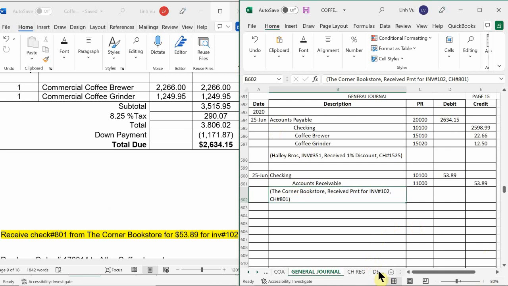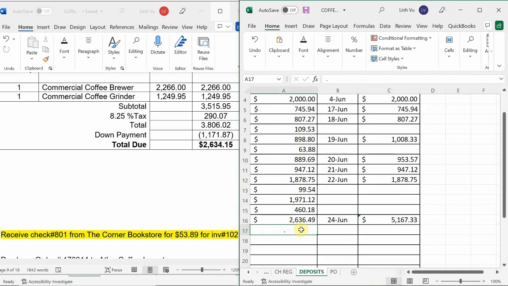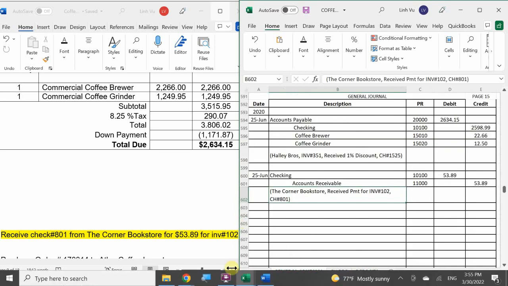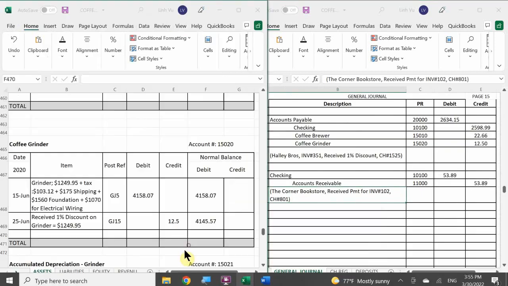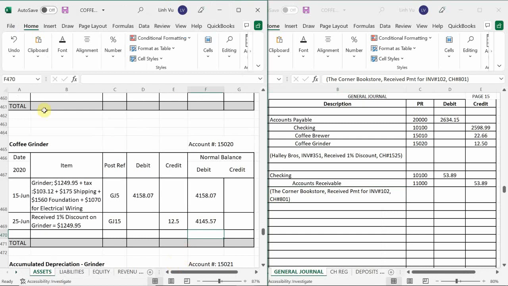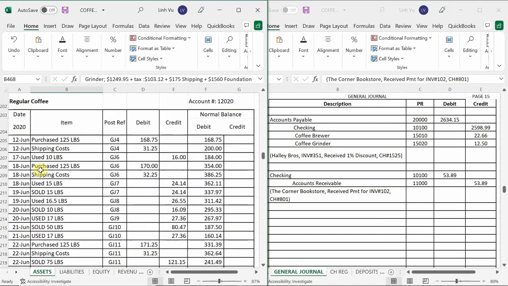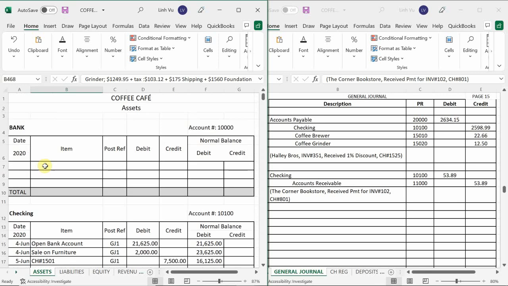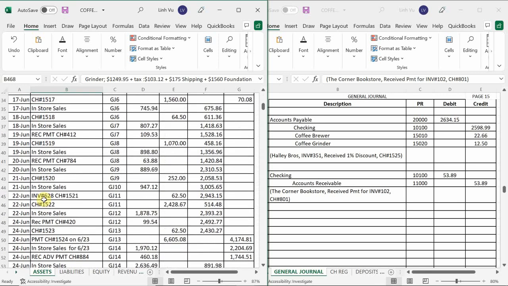We could do that. We can record that we received the money for $53.89. Okay. And then we can go ahead and update our accounts because we just got cash. In this case, we got paid. So let's see. Checking.